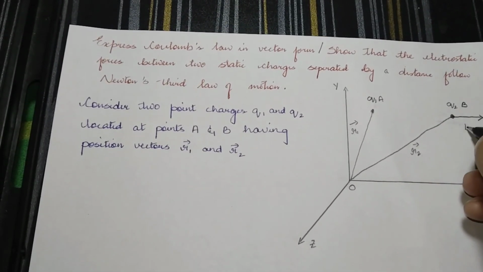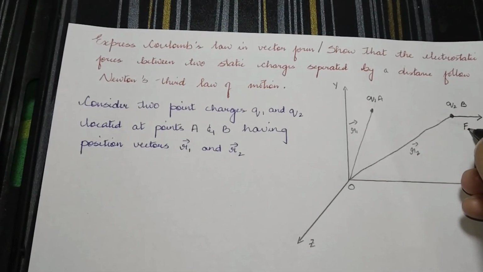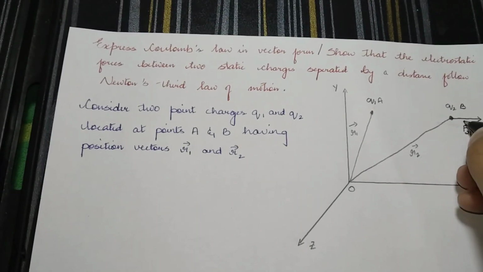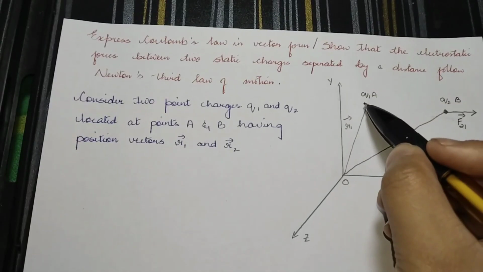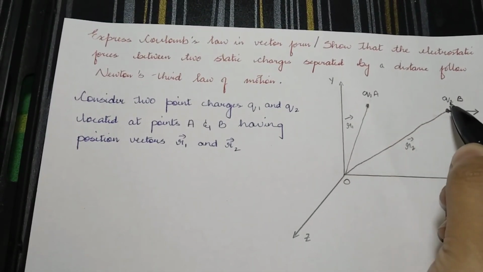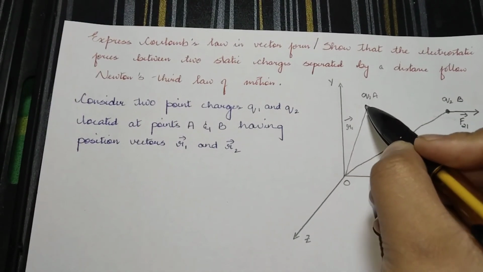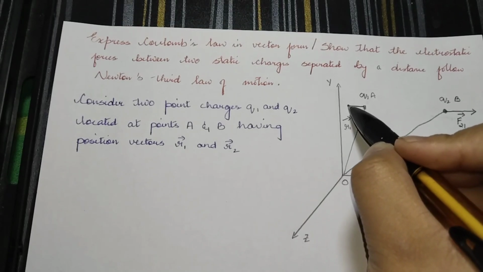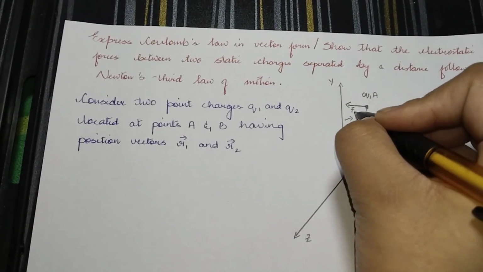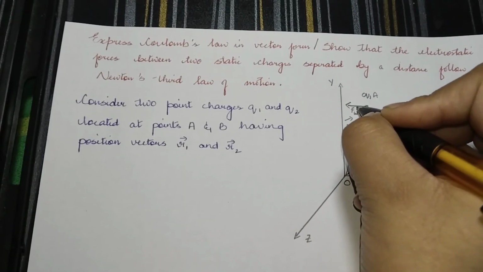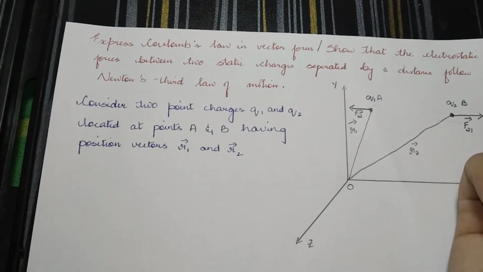Let's denote that force as F on charge 2 due to charge 1. Likewise, because of q2, q1 is also experiencing a repulsive force in this direction. Let this force be F on charge 1 due to charge 2.